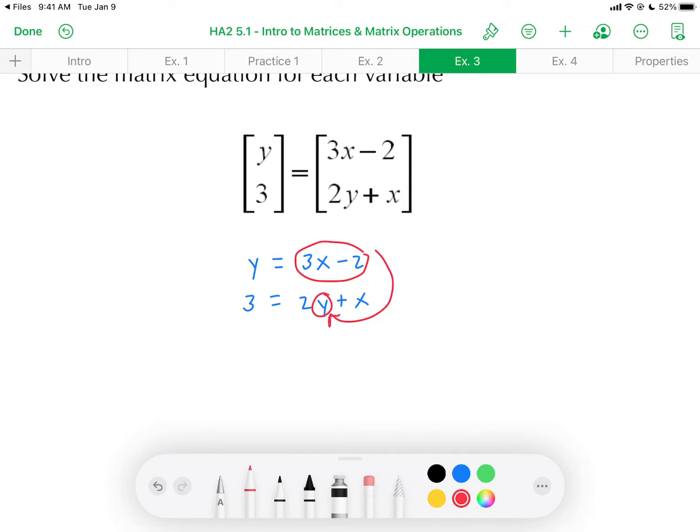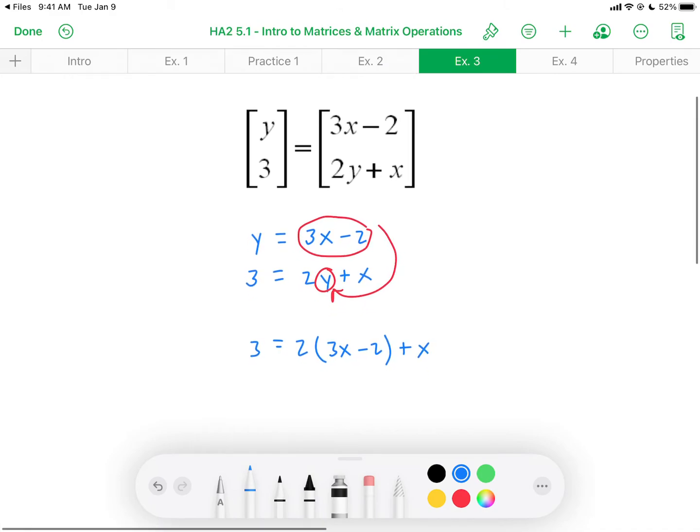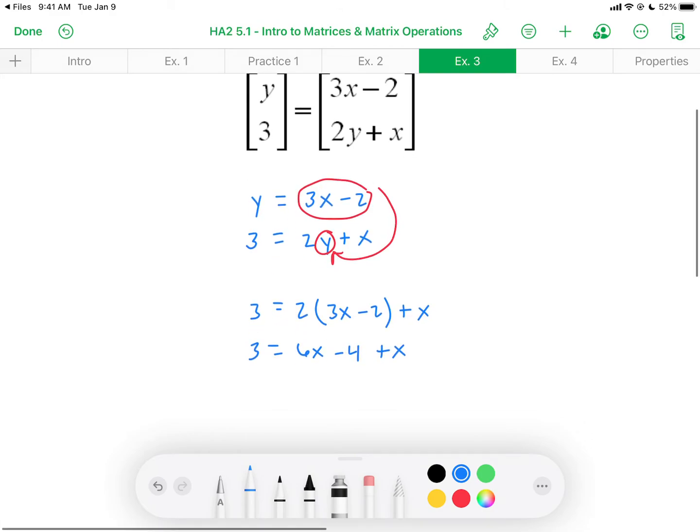And the nice thing is it's already perfectly set up for substitution, so I'll just plug this in right here. So 3 would equal 2 times 3x minus 2 plus x. 3 is equal to 6x minus 4 plus x. 7 equals 7x. x equals 1.